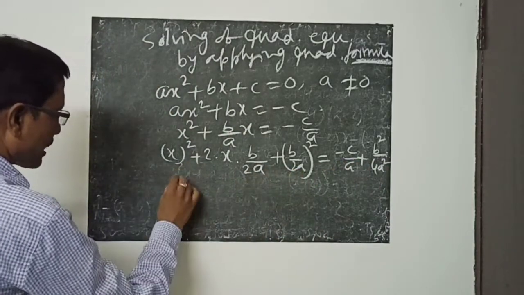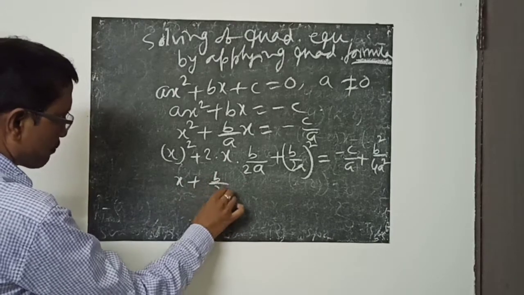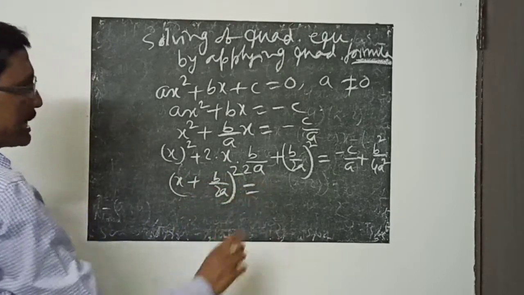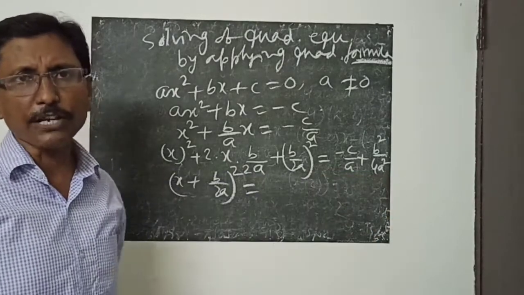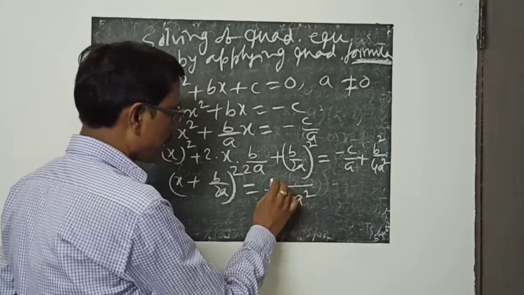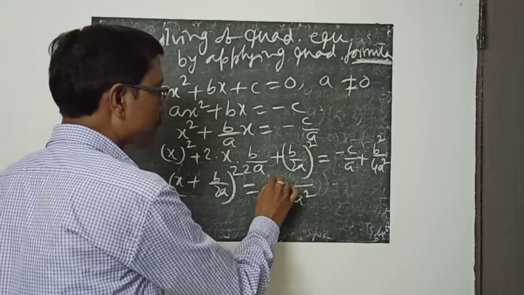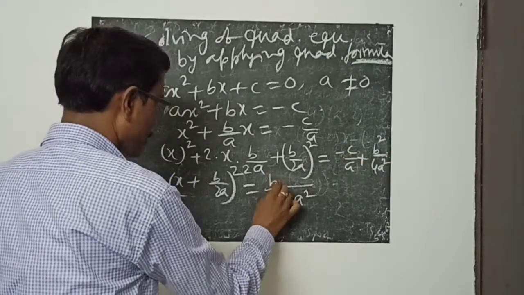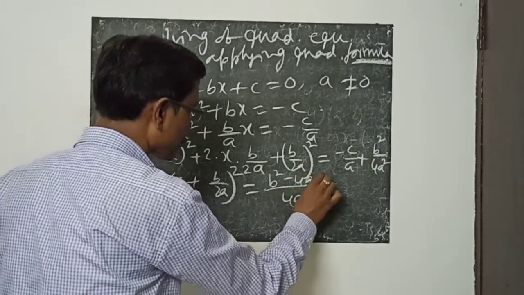So this is coming as x plus b by 2a whole square is equal to, if we do the simplification there, you will get 4a square in the denominator. Then minus 4ac plus b square, or simply b square minus 4ac.